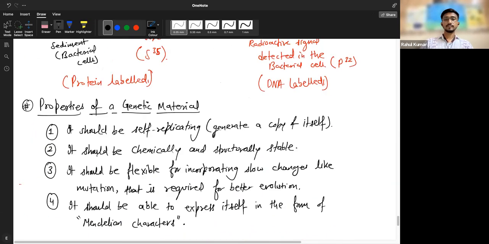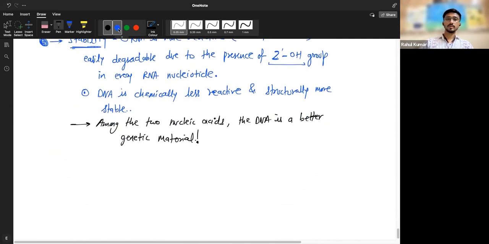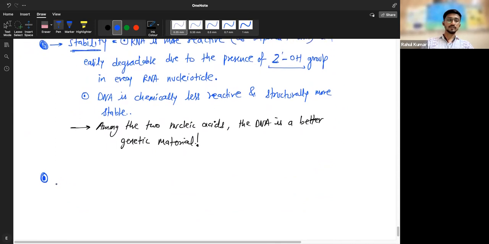So this is on the basis of stability. Okay. Now let's talk about changing or evolving capability.